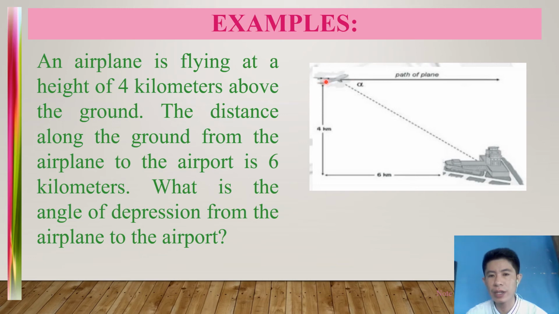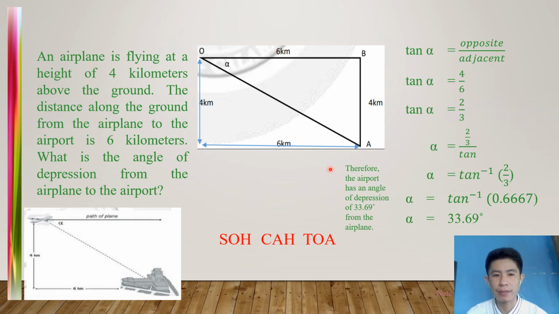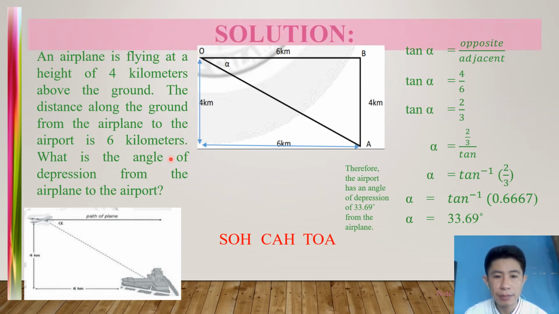Okay, so we will have to use these dimensions to find the measure of, or compute for, this angle of depression. Now we will illustrate this problem by using the right triangle.